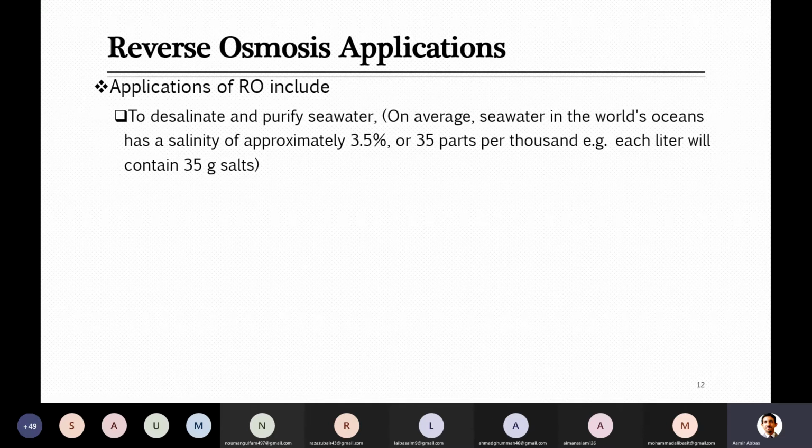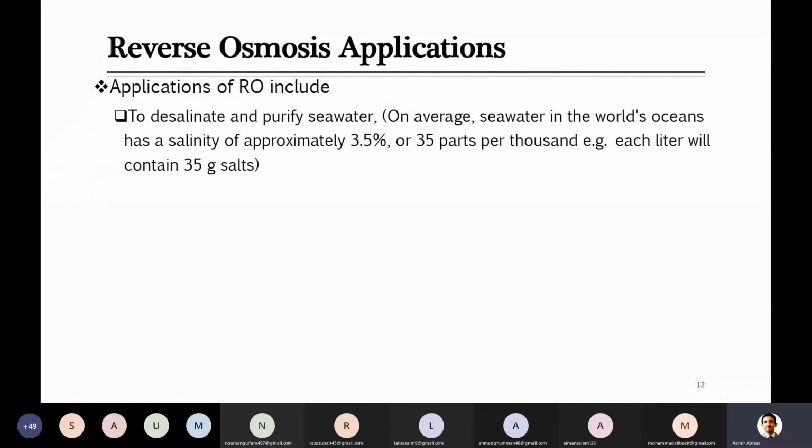Sorry, I was just referring somewhere: 3.5 gram. That is actually 35 gram, and if you represent it in milligram, it will be 35,000 milligram per liter.